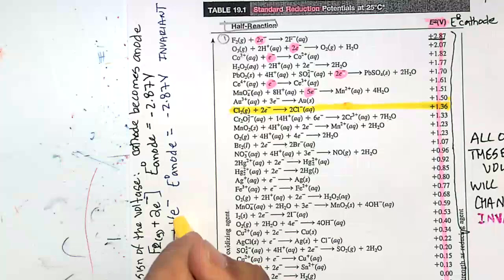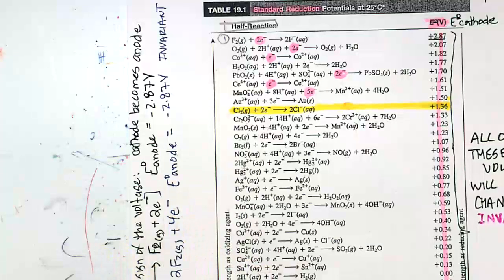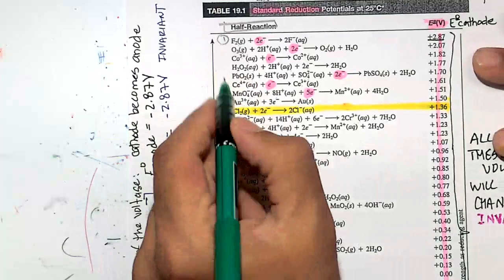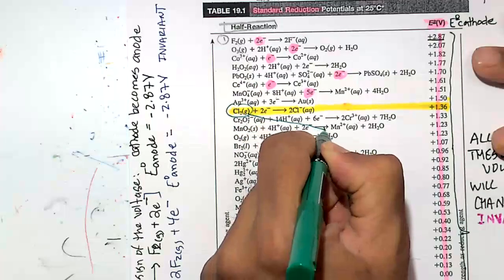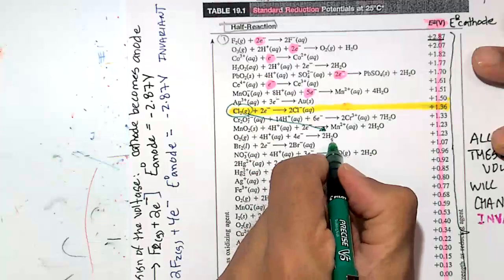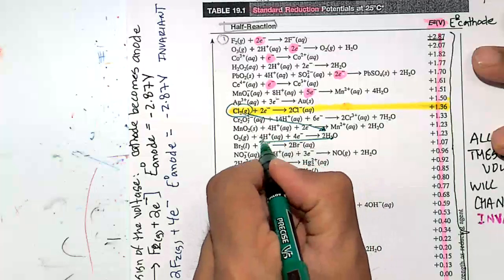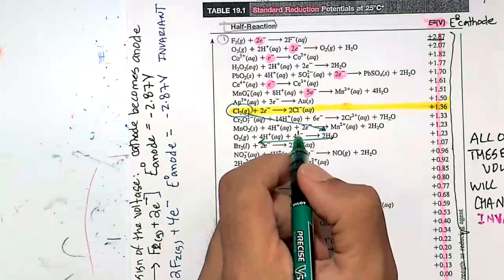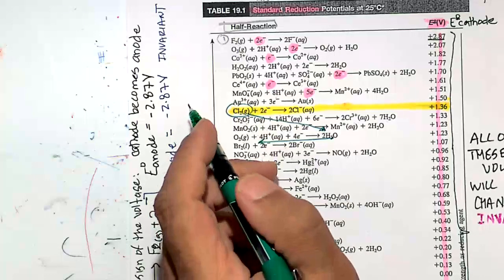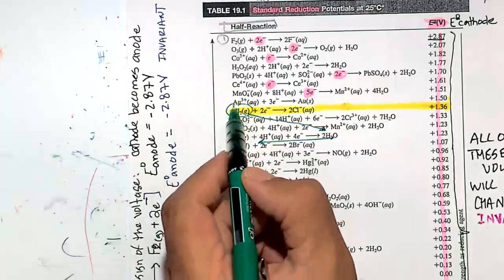So what that means is this Cl2 gas can oxidize 2H2O into O2 gas plus 4H plus 4e minus. This is called the diagonal rule.